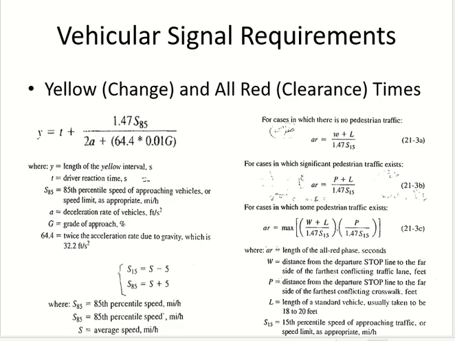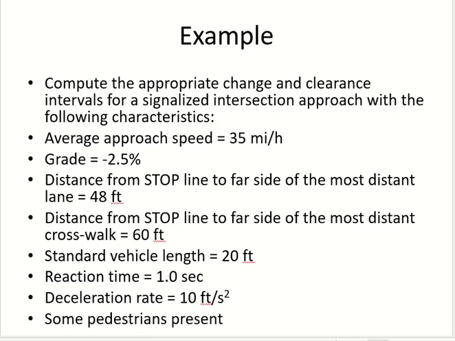The gradient is given as minus 2.5. Minus means upward. The 85th percentile speed is not given. We are given the average speed, and the relationship between the 85th percentile and the average is plus 5.